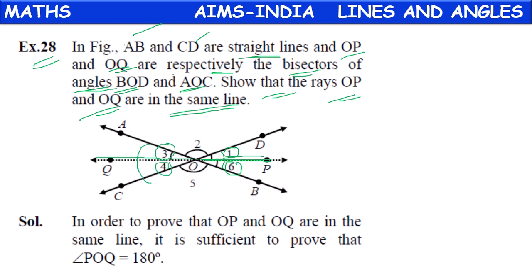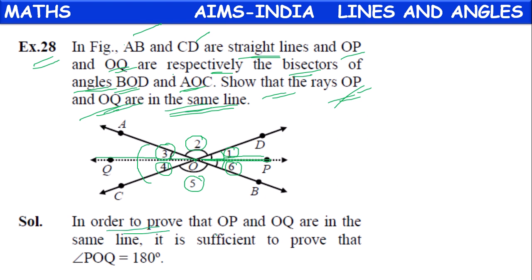Part 3, part 4. Let the parts above O be 2 and below O be 5. Altogether we have 6 angles here. We have to show OP and OQ are in the same line.